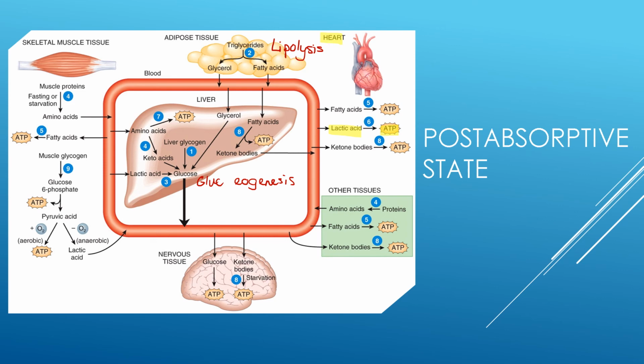It's a great way to produce ATP when there's not much glucose present. At number 7 will be the oxidation of amino acids. So that just happens in the liver in the hepatocytes. Amino acids can be oxidized directly to produce ATP.